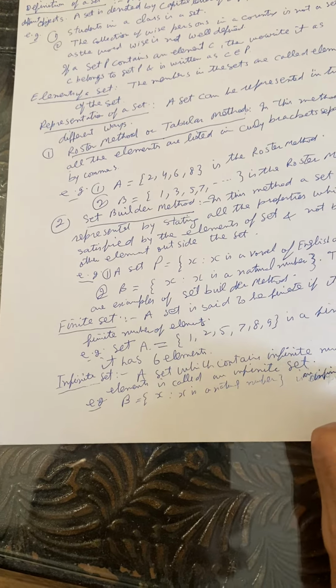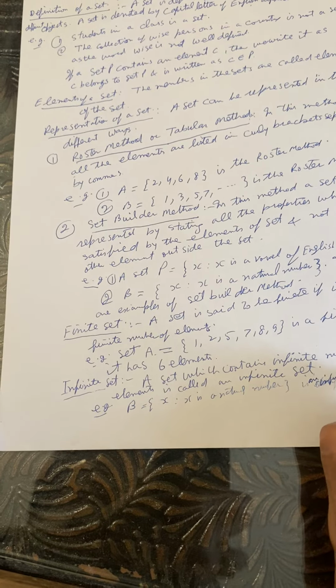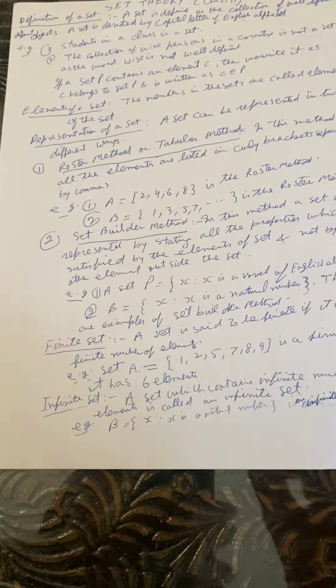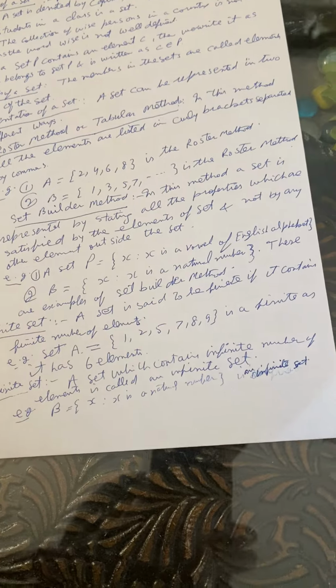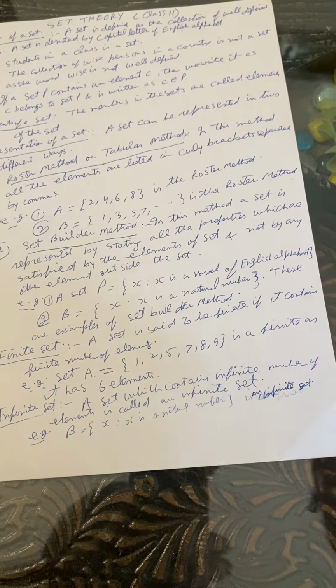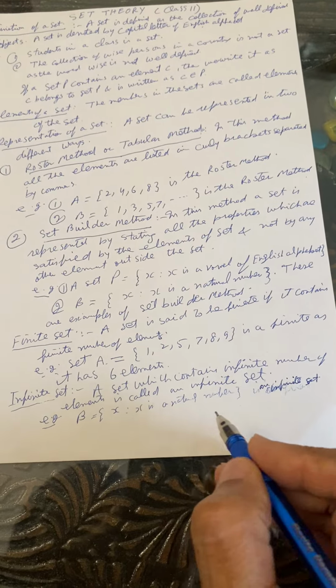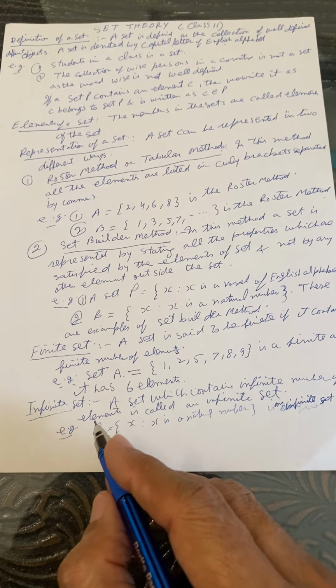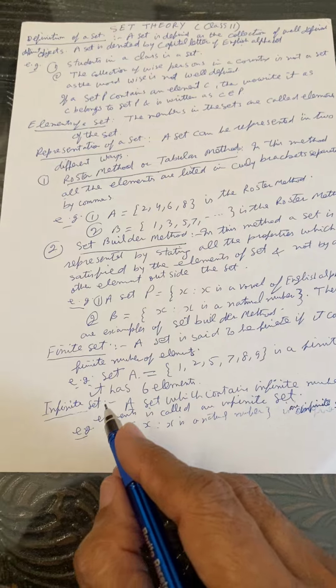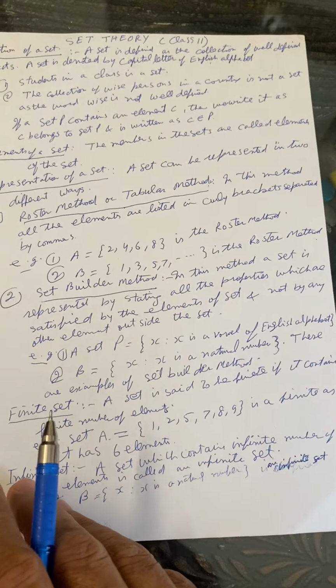Natural numbers are 1, 2, 3, 4, 5, and so on up to infinity. So we cannot count these, they are uncountable. That's why we call it an infinite set. So this is what we did in the first video.